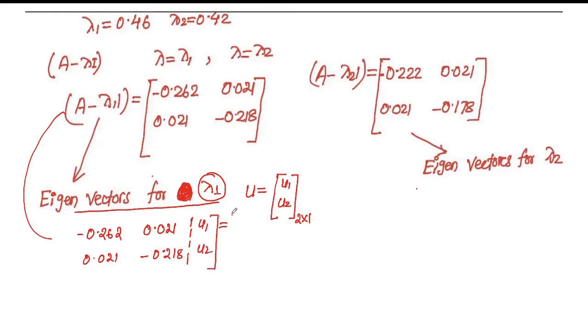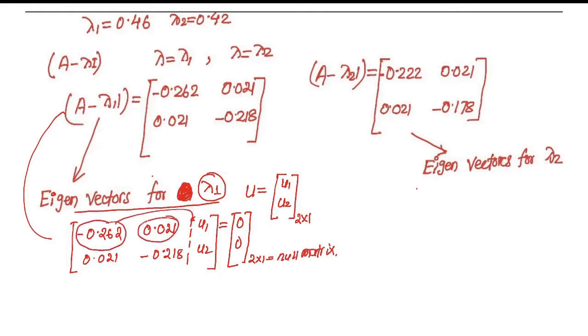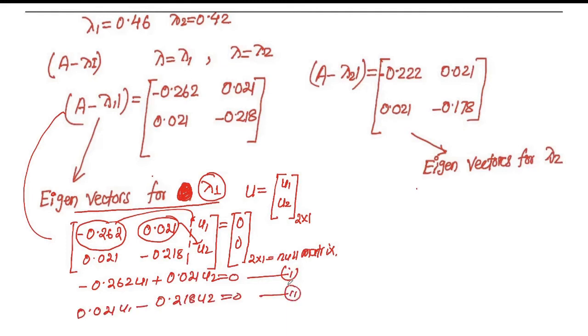Then it will equal 0, 0, the 2 by 1 null matrix. To solve this equation, we will multiply this component with U1, this one with this one, and add it. This is equation number 1. This is equation number 2.